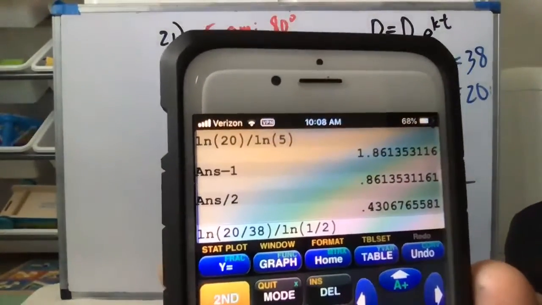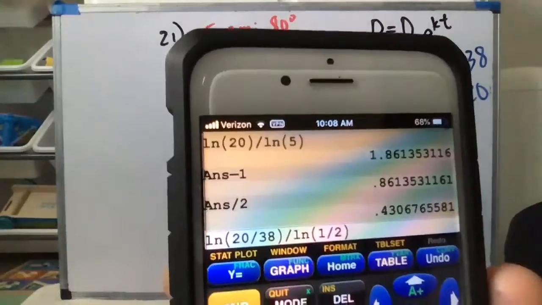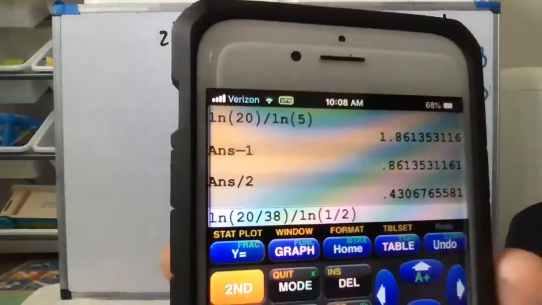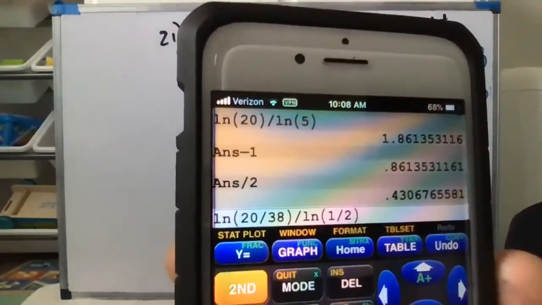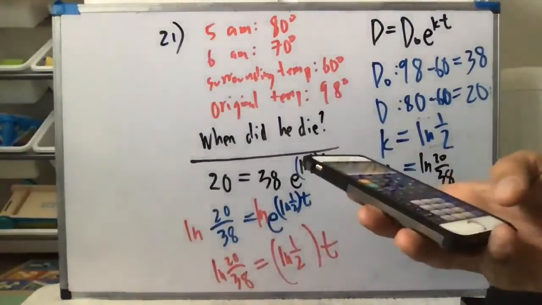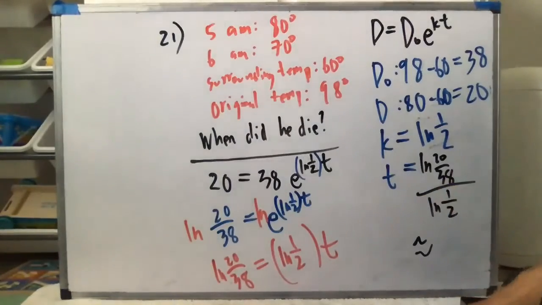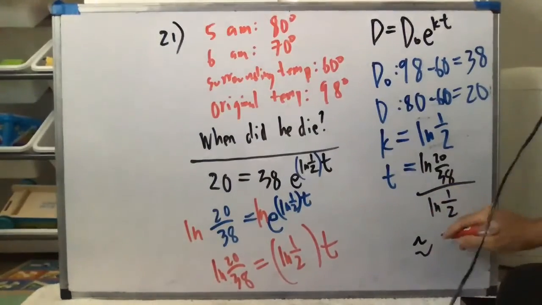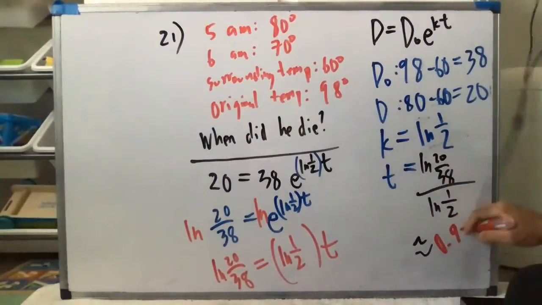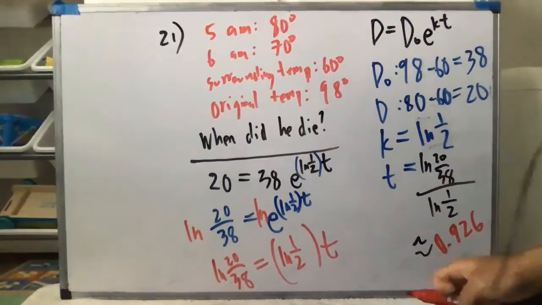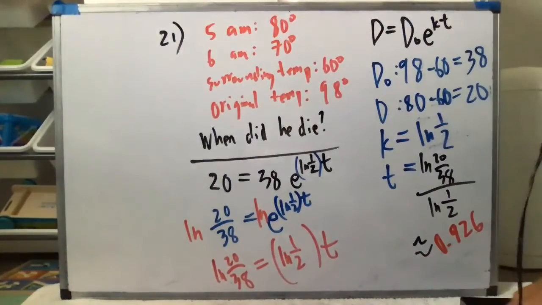Okay, just like this. On the bottom, ignore the top. It's just ln of 20 over 38 divided by ln of 1 over 2. And I get, to the nearest, let's go to 3 decimal places, 0.926. Okay. So that's how much time has progressed.